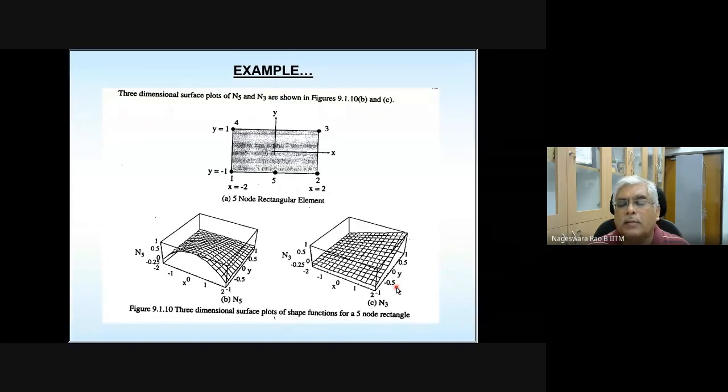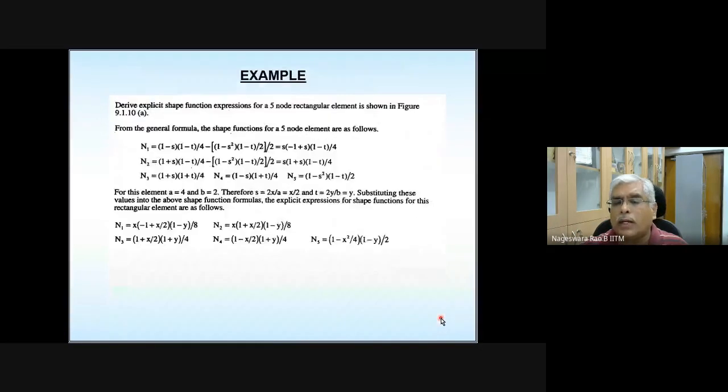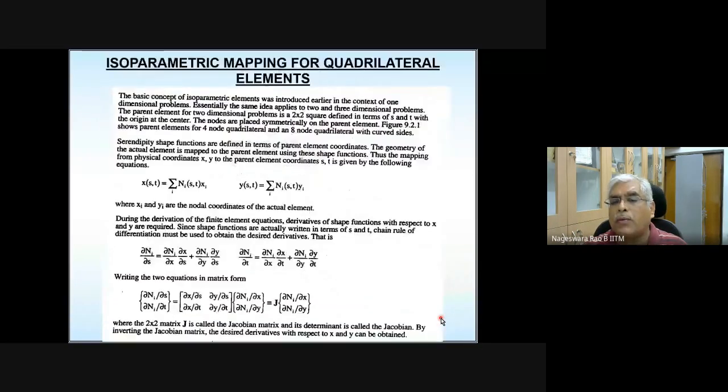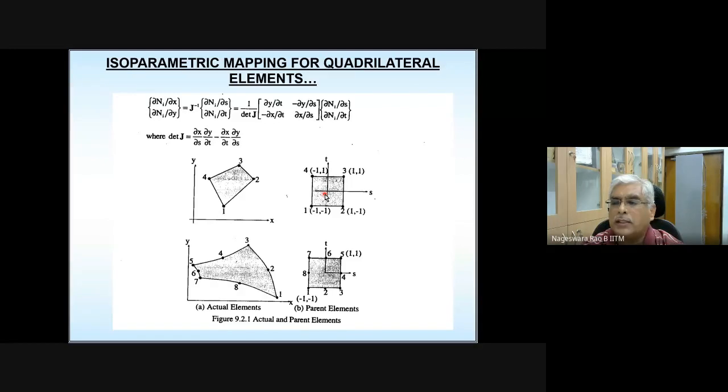For the two-dimensional element, I already showed you that whatever shape function expressions we derived here are all for the parent element, s going from -1 to 1, t going from -1 to 1. So irrespective of whatever element you have, you are going to map onto a parent element with s coordinate going from -1 to 1, t coordinate going from -1 to 1. So please take note of these two figures.